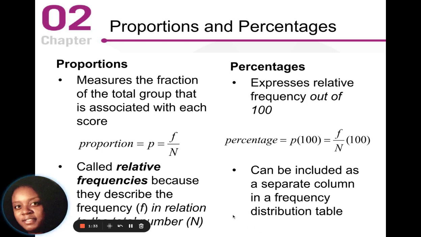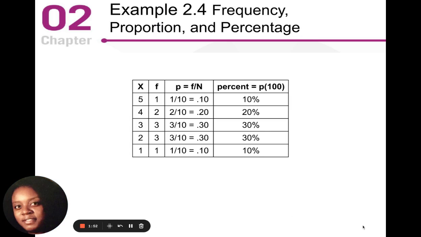A percentage expresses a relative frequency out of 100. So the percentage is p times 100, or f over N times 100. This can be included as a separate column in a frequency distribution table. Here's an example of frequency, proportion, and percentage displayed in table form.